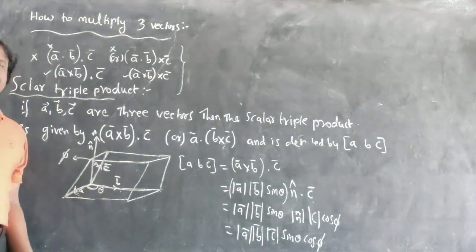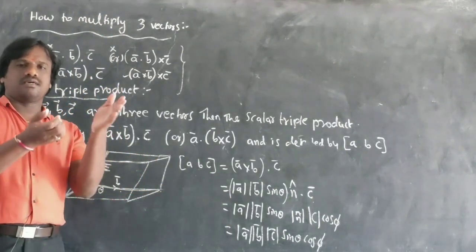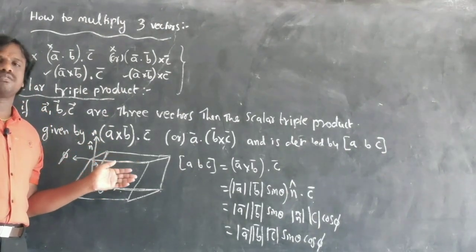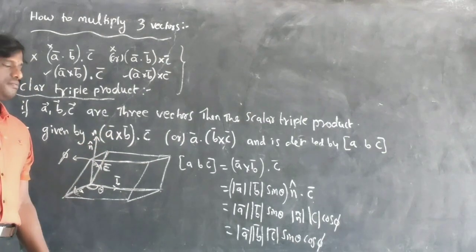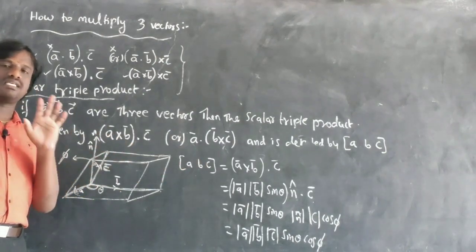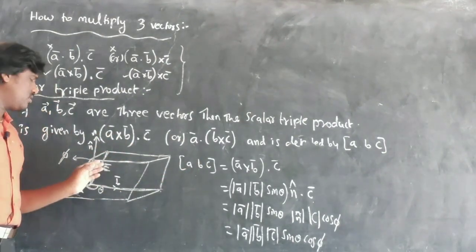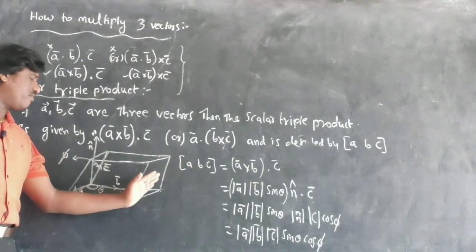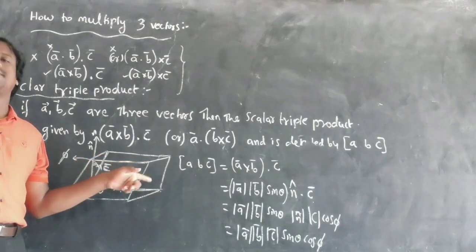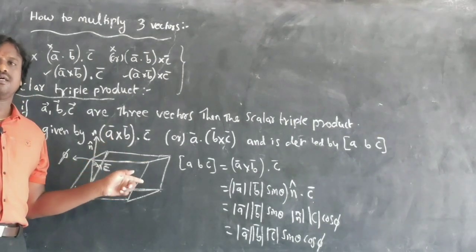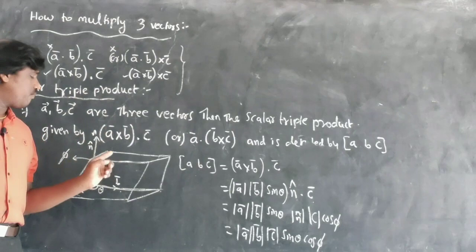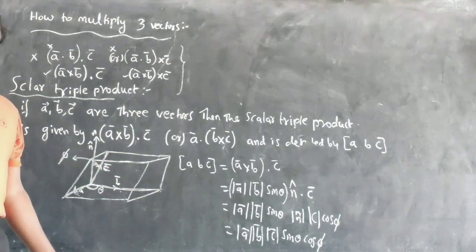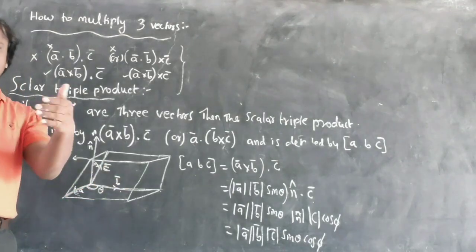I will show you tomorrow one objective so that you can understand what a parallelepiped is. The box of ABC is the volume of this parallelepiped. Box of ABC, that is a scalar product, will give you the volume of the parallelepiped. Okay, let us discuss in detail in the next lecture.